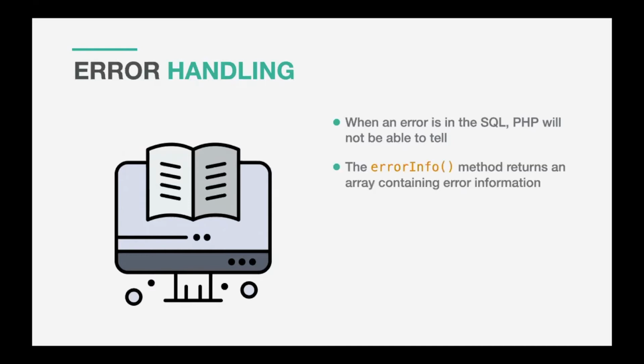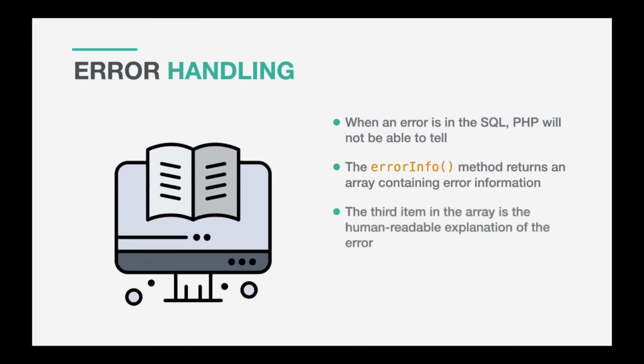However, there is a method called the errorInfo method, which allows us to return what errors occurred inside of the database. So it's important that we use this method to test our queries to make sure that they are valid and they actually worked.